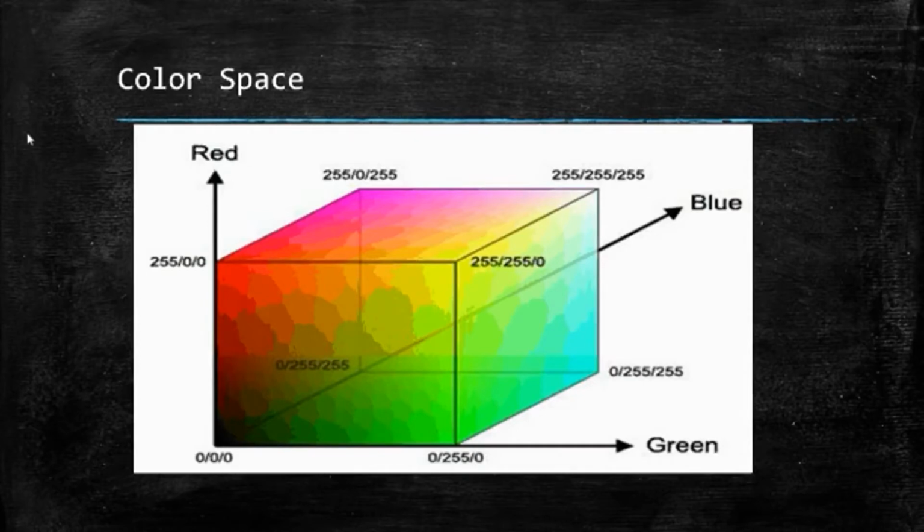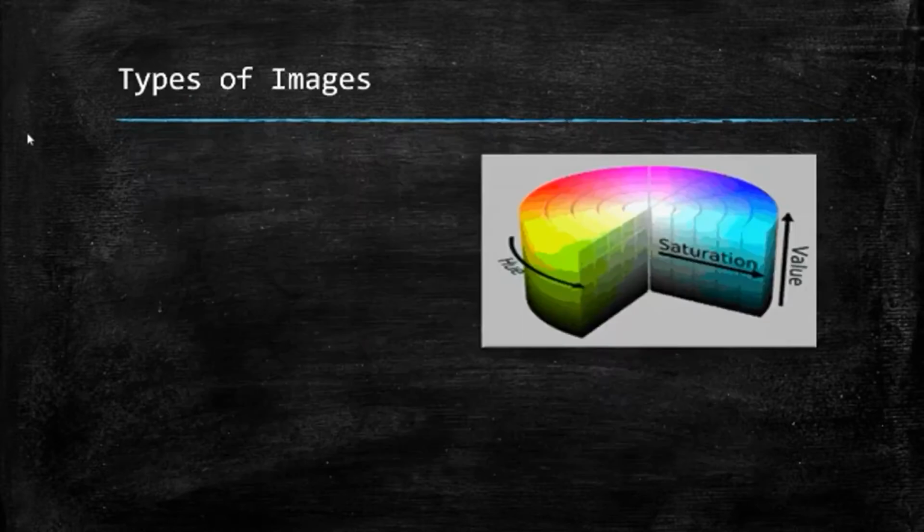There are different types of colored images. You can see here there is RGB. Yes, there are other types. Here is HSV. An HSV image has 3 layers. The hue layer is the color portion of the color model and is expressed as a number from 0 to 360 degrees.